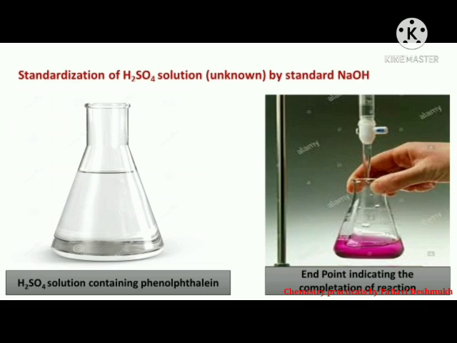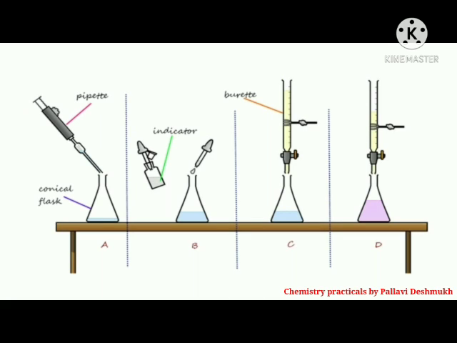Run the standard NaOH solution from the burette slowly into the flask and shake well after each addition. Continue the addition of standard NaOH solution till the solution becomes light pink. Repeat the titration till 3 constant readings are obtained. This figure shows the whole process of titration.